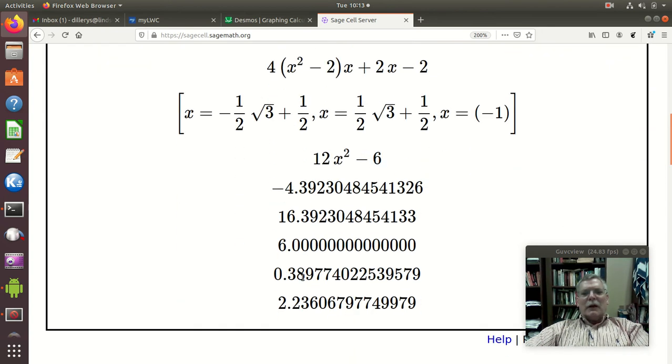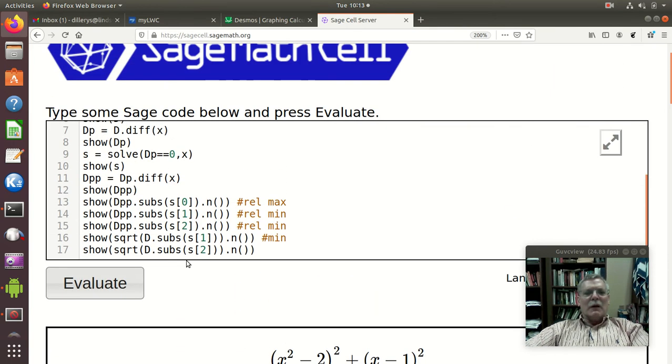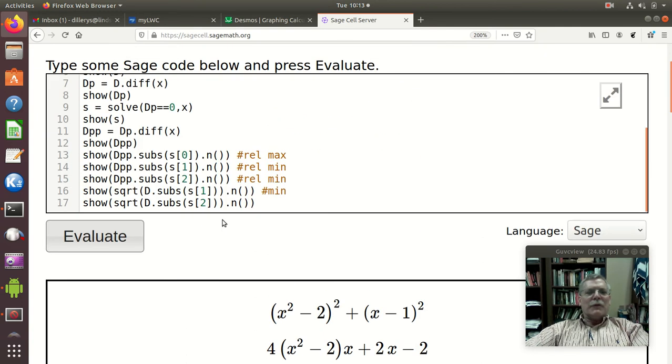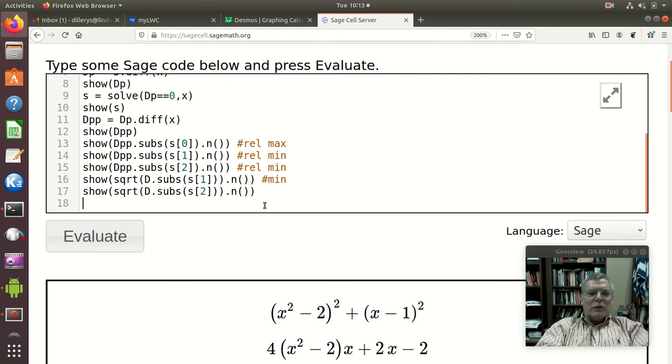So there I get 0.389, or about 0.39, and 2.236, and so that is my minimum value, and I've got my x back here, and so I could show then, so the right answer is the S1.